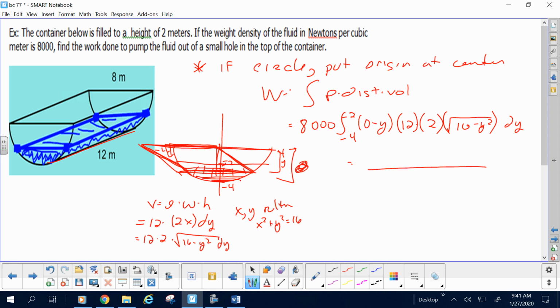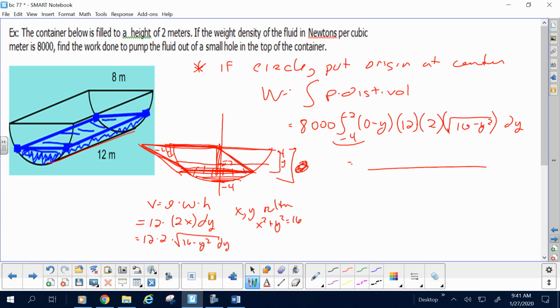What else? No, I have a question. Hit me. So, why is it -4 to -2, but it's 0 minus y? Good question. These are reflecting different things. These are talking about the y values where I'm pumping sheets of water out, and the water is from -4 to -2. This is the distance I'm taking those sheets, and those distances are not relative just to the surface.